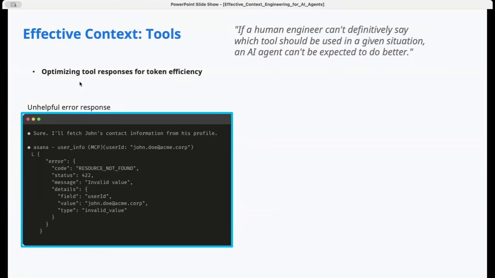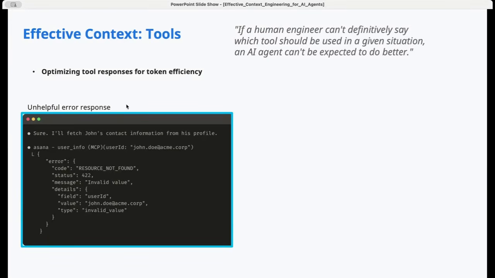And then the fourth one is to optimize the tool response. Sometimes the tool may return an error, right? You may think about how the tool can respond with the most helpful message for the AI agent so that the agent can decide what action to take at the next step.